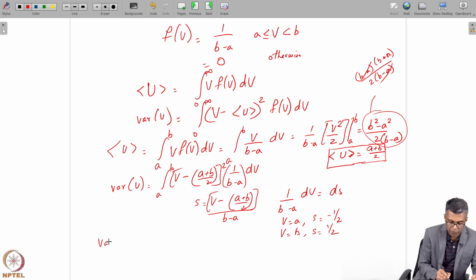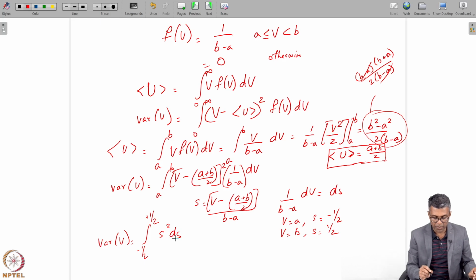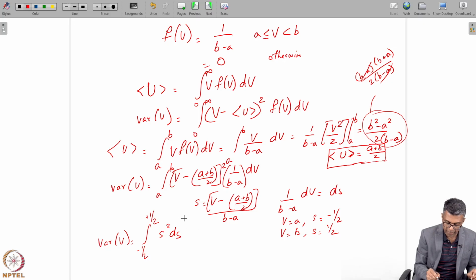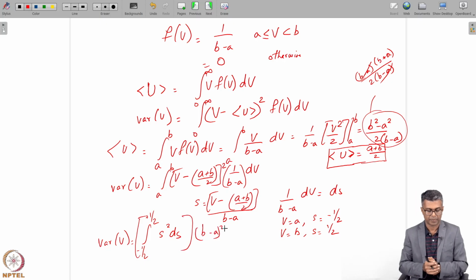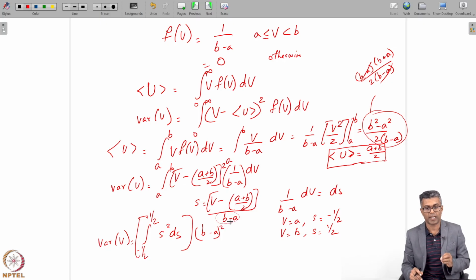So your variance of u becomes the integral from minus half to plus half of s squared ds, isn't it? But keep in mind, because it has to be s squared, the whole thing will have to be multiplied by (b − a) squared, just so that you can get that part in the denominator.